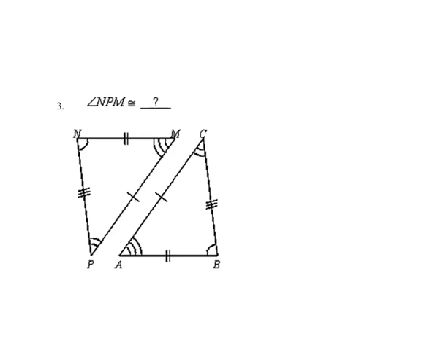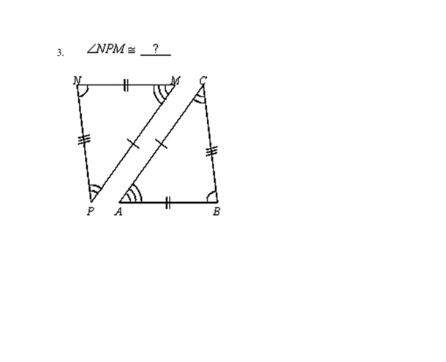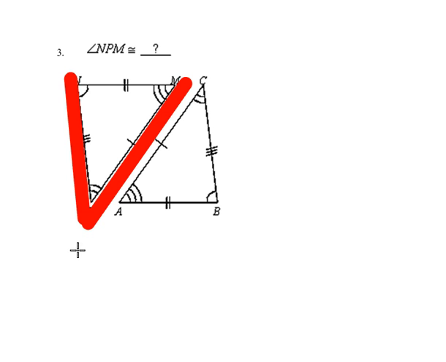Next, let's look at number 3. Number 3 simply says that angle NPM is congruent to what? Well, here is angle NPM. That's the angle we're looking at, which is this angle and this angle.